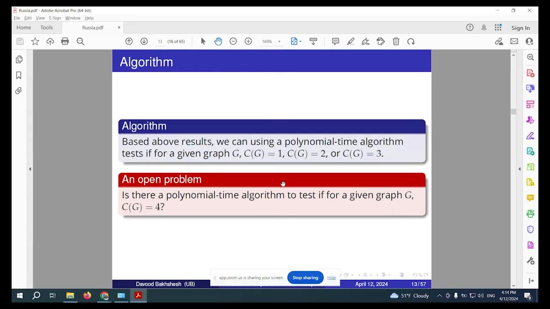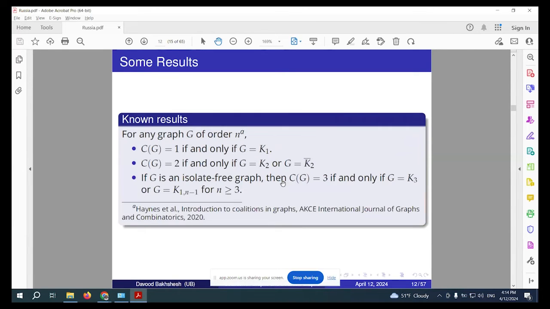However, I guess this problem is NP-hard, but for some classes of graphs, a polynomial time algorithm can be provided. For example, according to the results presented by Haynes and others, we can easily find a polynomial time algorithm that determines if the coalition number of a graph G is at most 3 or not.